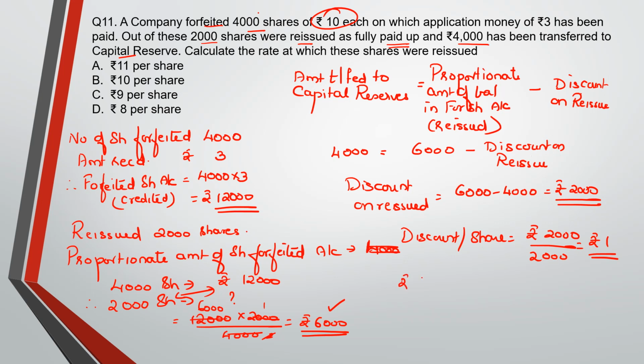So a 10 rupee share being issued at a discount of 1 rupee means it was reissued at rupees 9 per share. So the right answer would be C, that the rate at which these shares were reissued is 9 per share. 9 was collected on each of the 2,000 shares from the new shareholder. I hope this procedure of calculation is clear to you.